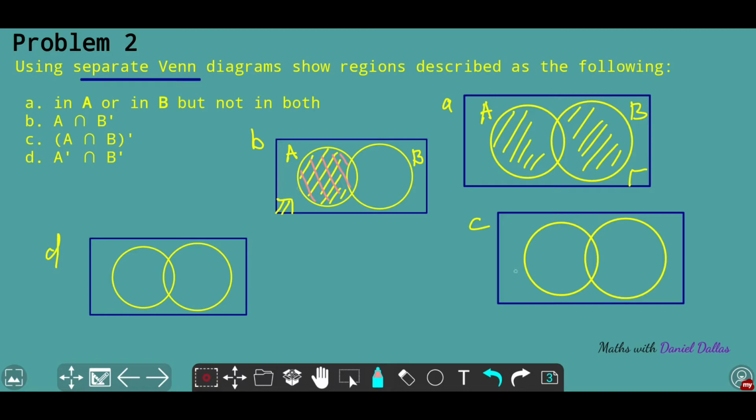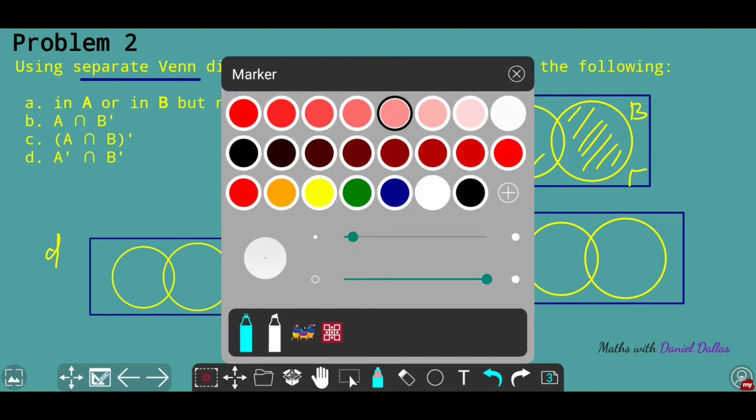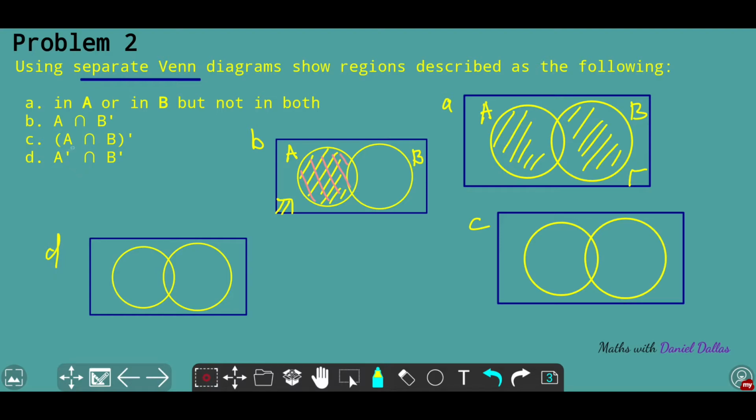Let's go to C. A intersect with B, and not. So one more time, this apostrophe means that you negate and make the opposite, or take the complement of what you have inside the brackets. Okay, so for C, we're going to have A intersect with B. So here is again A, here is B. Intersection is only the common part, but now you're taking the complement, so everything outside.